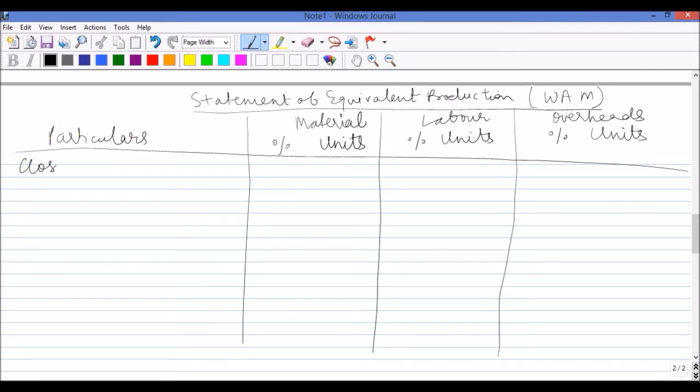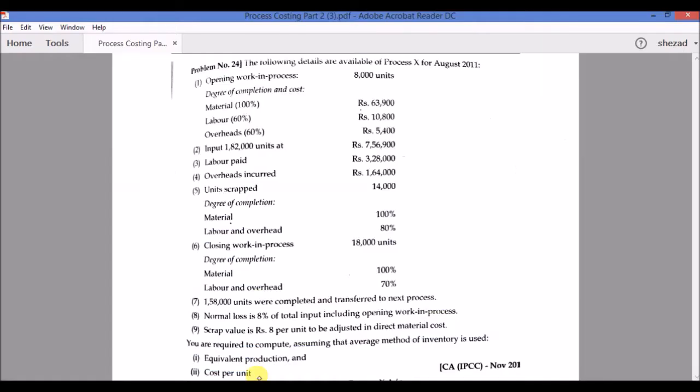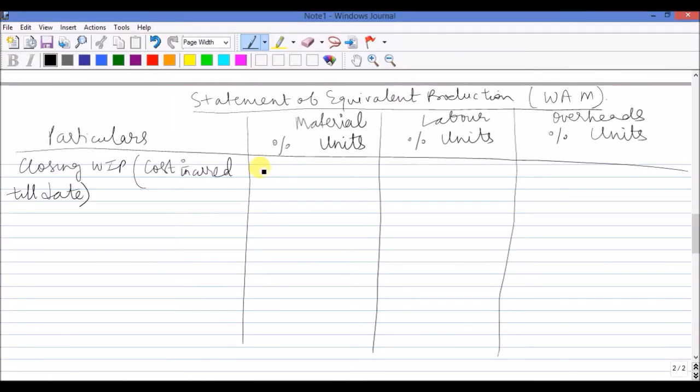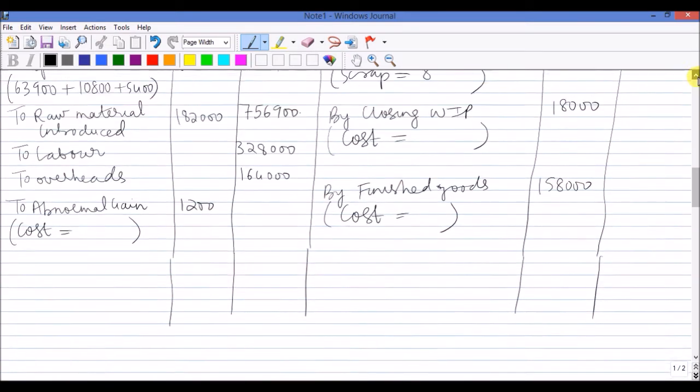Now we have a closing work in progress, and you should be aware costs incurred till date is what you need to look at. For the closing work in progress, the material cost incurred is 100% and labor and overheads are 70%. And how many are the units closing work in progress?